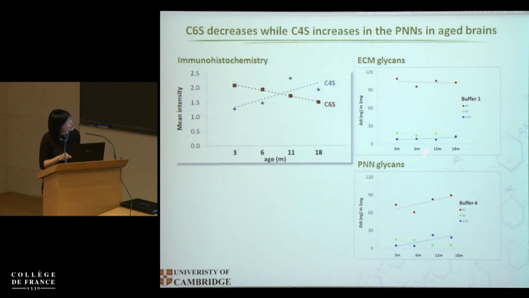This trend is particularly prominent in the glycans that we isolate from the perineuronal nets using buffer 4. Chondroitin 4 sulfate keeps increasing during the aging process, while chondroitin 6 sulfate, the green line here, is decreasing. That might be one of the reasons why during aging we are less able to remember things than when we are younger.